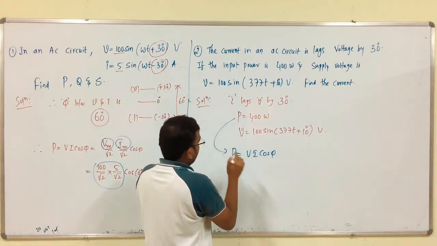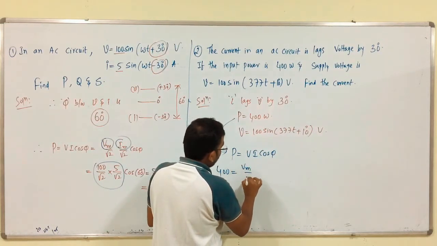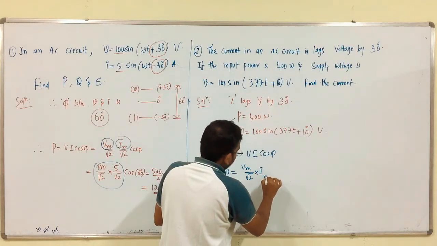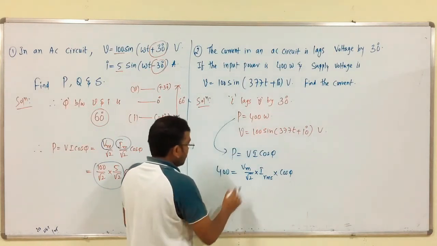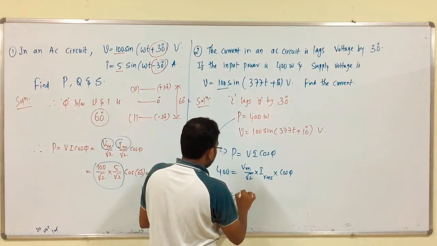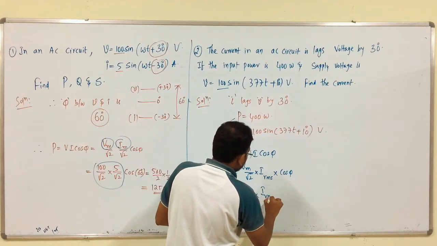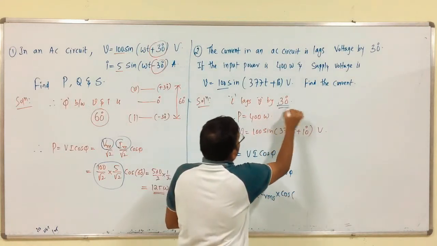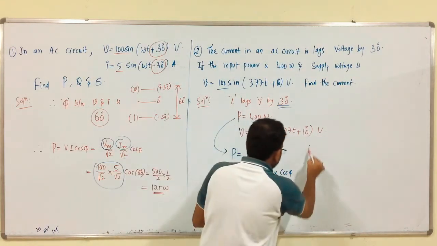Simply, 400 equals Vm by root 2 into Irms into cos phi. From this, what is the value of Vm? This is 100. So, 400 equals 100 by root 2 into Irms into cos of what is the angle? 30 degrees, right.